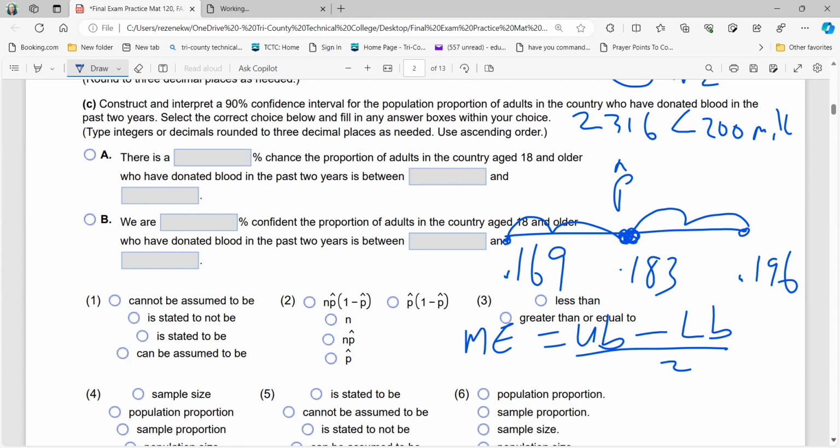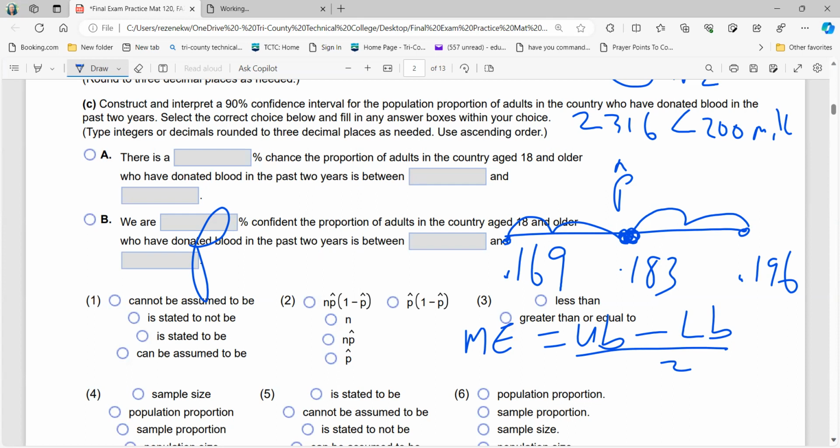In other words, we don't know where the mean, or okay, let's say the population proportion, because if I say mean, it's just the population proportion of those who donate blood in USA lies between 16.9 and 19.6%. Remember, in my 90% confidence. So I can say I am 90% confident.